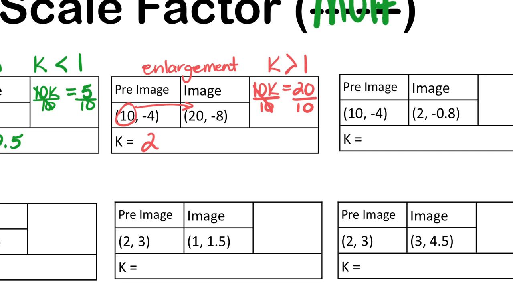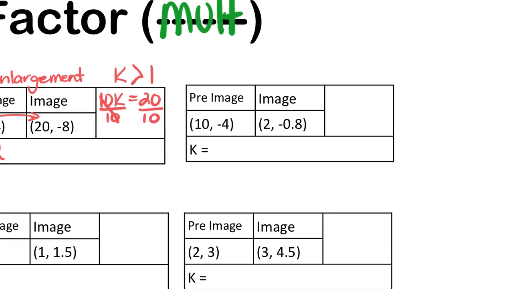Now, keep in mind, it doesn't matter if your coordinate is positive or negative. So for example, here, I have negative as my y values. I like to just use x automatically, but that's a preference. I'm going from 10 to 2 here, so this would be a reduction. So 10 times something equals 2.